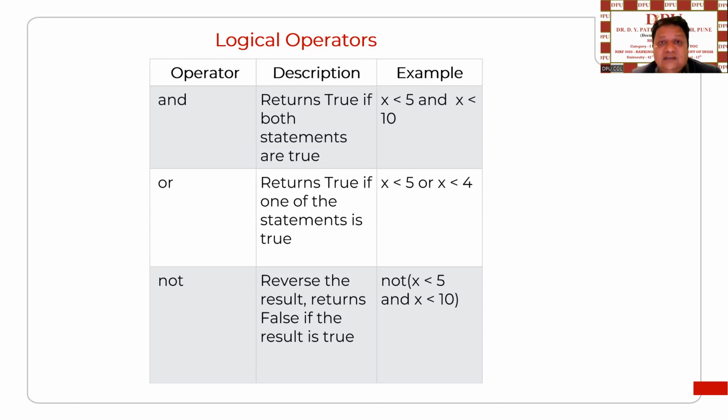So if the condition is true, then the not operator will give you a false. If the condition is false, then the not operator will give you a true value. That is how the logical not operator works. We are using the not operator for negation. Reverse the result. Returns false if the result is true. Returns true if the result is false. Vice versa. I hope you understood the logical operators as well.